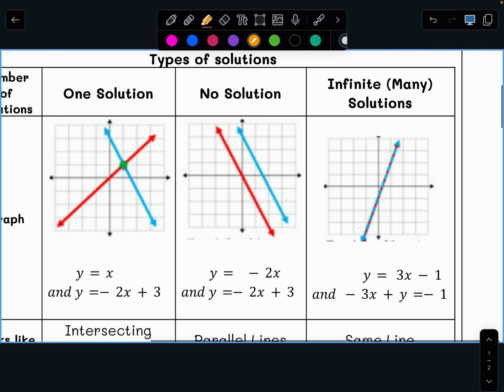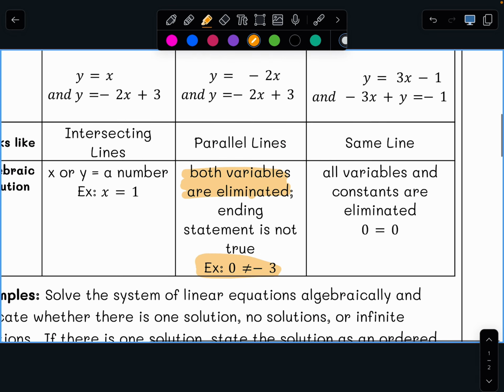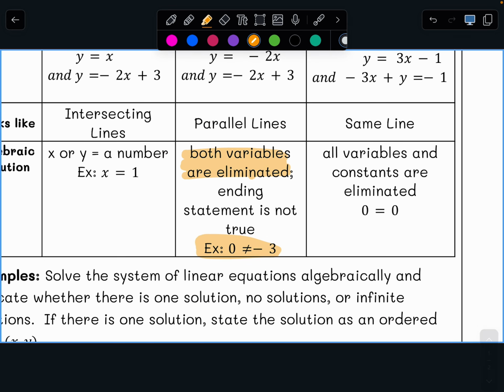The other possibility is infinite solutions, and that is when the line is the same. It's the same line, the equation is just in a different format, so it doesn't look the same. You will end up with all variables and constants eliminated and a statement that's true. So 0 equals 0, or 6 equals 6, or 12 equals 12.